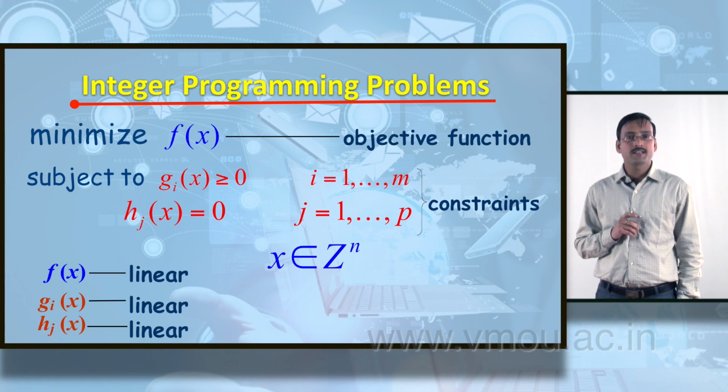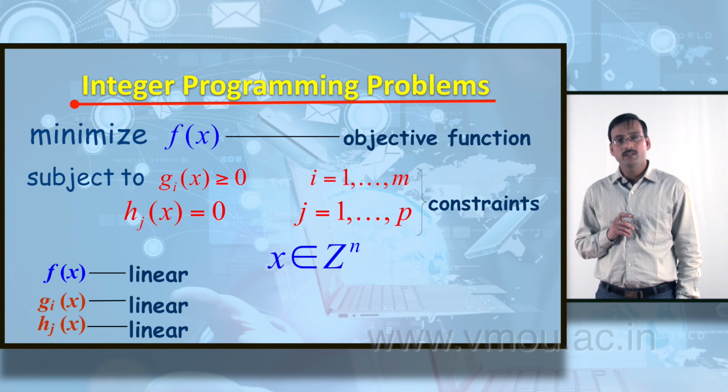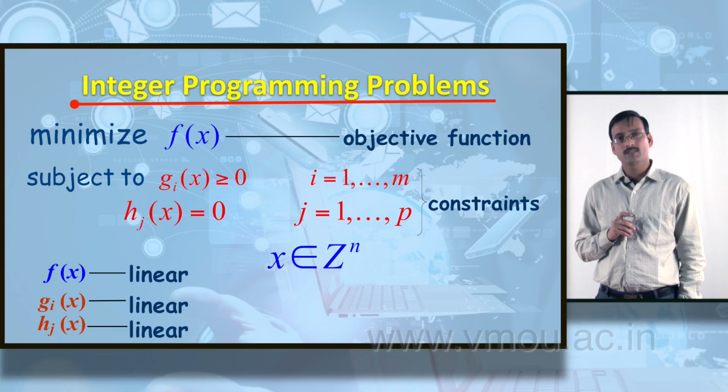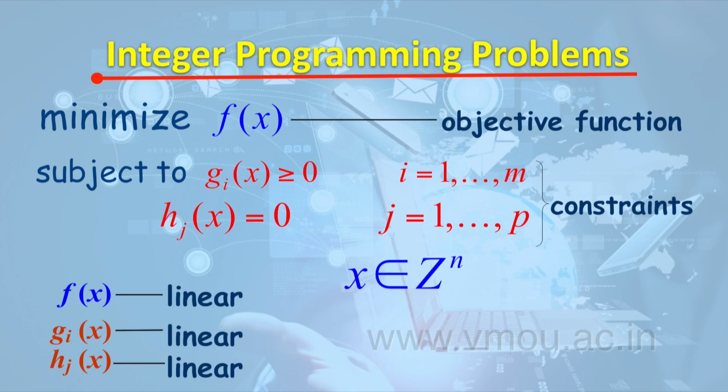Here this x must be an integer, so x belongs to Z^n. This x is an n-tuple where all the coordinates in this x vector must be integers, while in the linear programming problem, all the coordinates in this x vector may attain real values.